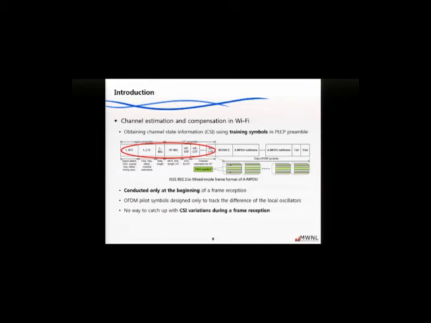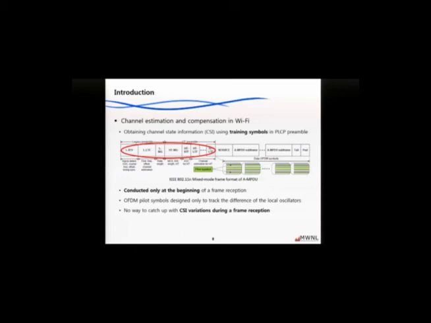Let's talk about this preamble and physical header part. This one shows a more detailed view of the physical layer preamble and header. I will not talk about the details, but basically this preamble is composed of the legacy preamble and the HT preamble and so on.